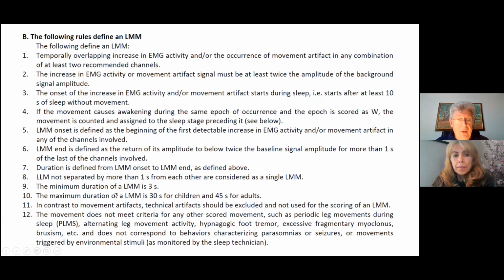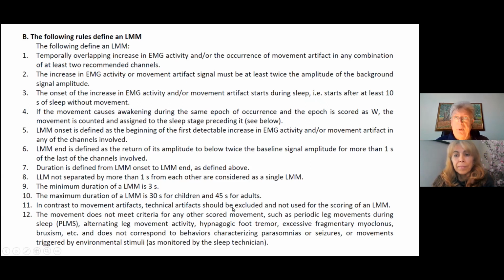The minimum duration of a LMM is 3 seconds, and the maximum duration is set at 30 seconds for children and 45 seconds for adults. We have to pay attention that movement artifacts are included in this type of scoring, but not technical artifacts. So we should be careful in distinguishing between these two.